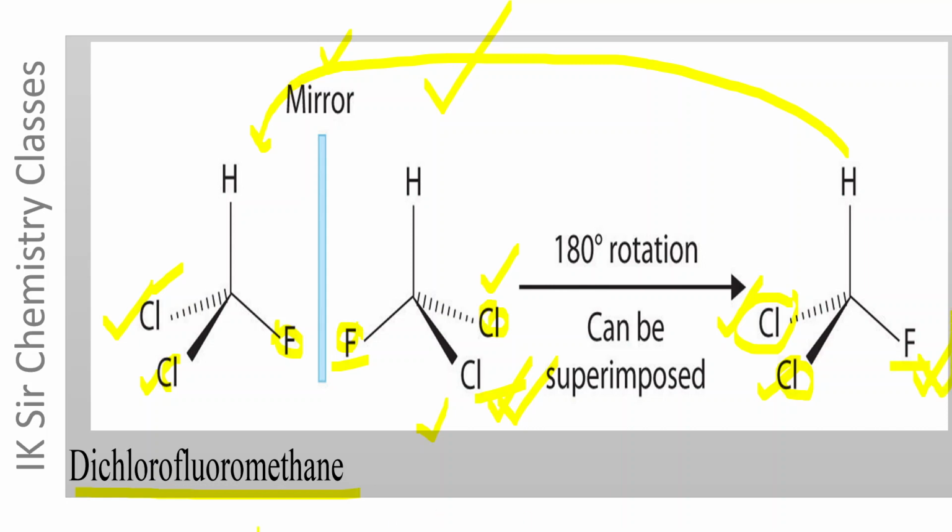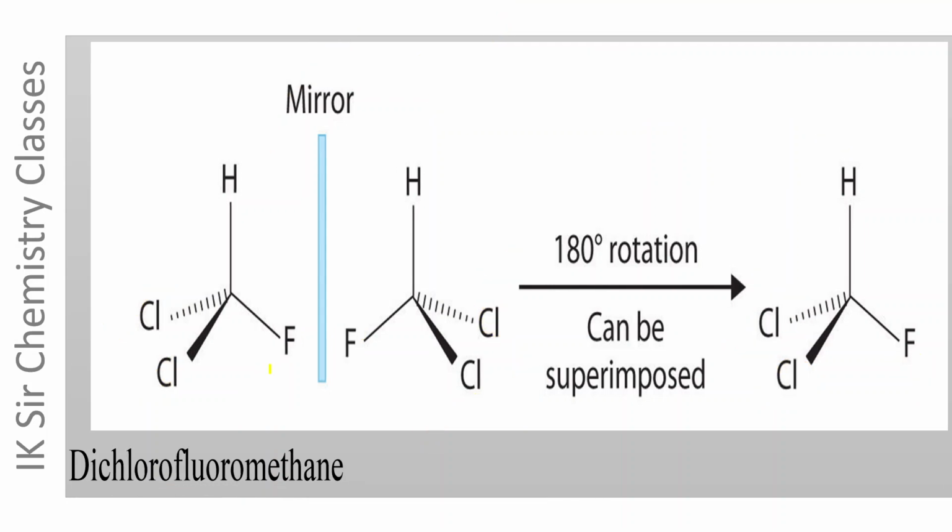It means the molecule of dichlorofluoromethane is superimposable on its mirror image, and therefore this molecule is achiral, is superimposable to its mirror image, and it is optically inactive.